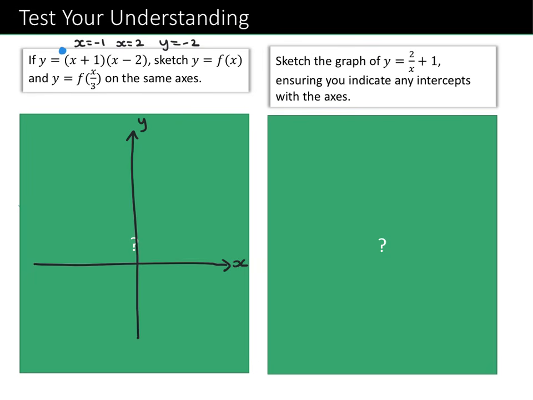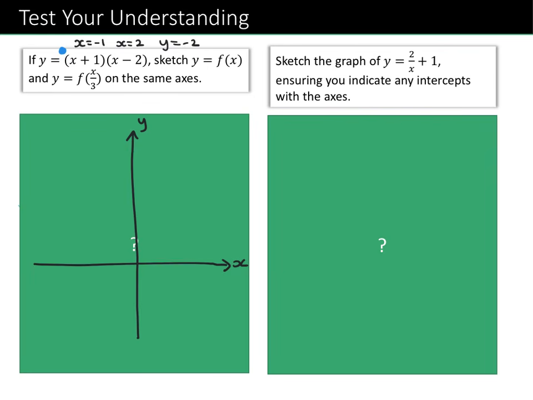The next part of the question says, f of x divided by 3. Is this inside or outside the bracket? Inside the bracket. So who does it affect? X. It tells us to divide by 3, so we're going to do the opposite. Multiply by 3. So for this one, it's minus 1, 0, and I'm multiplying all my x coordinates by 3.